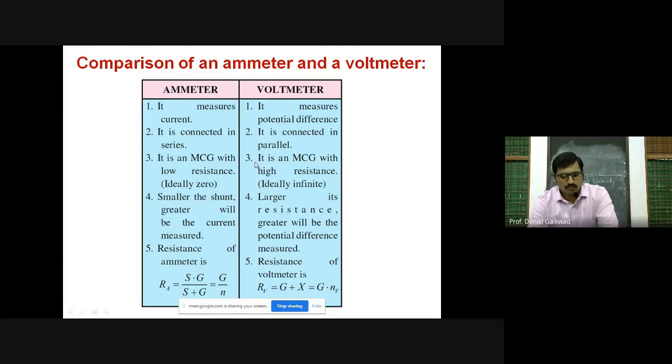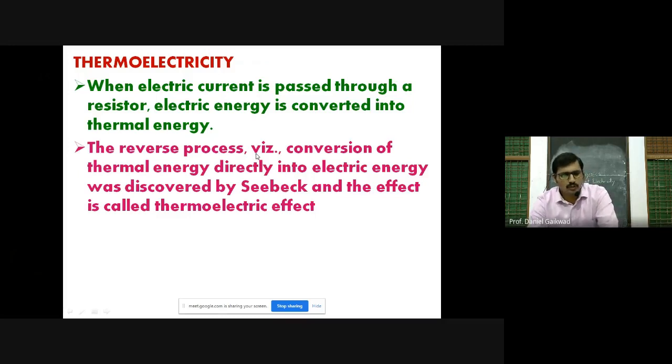Okay. Now we have the next small topic of thermoelectricity. So what is it according to the definition? When electric current is passed through a resistor, electric energy is converted into thermal energy. This is according to the concept of resistance.